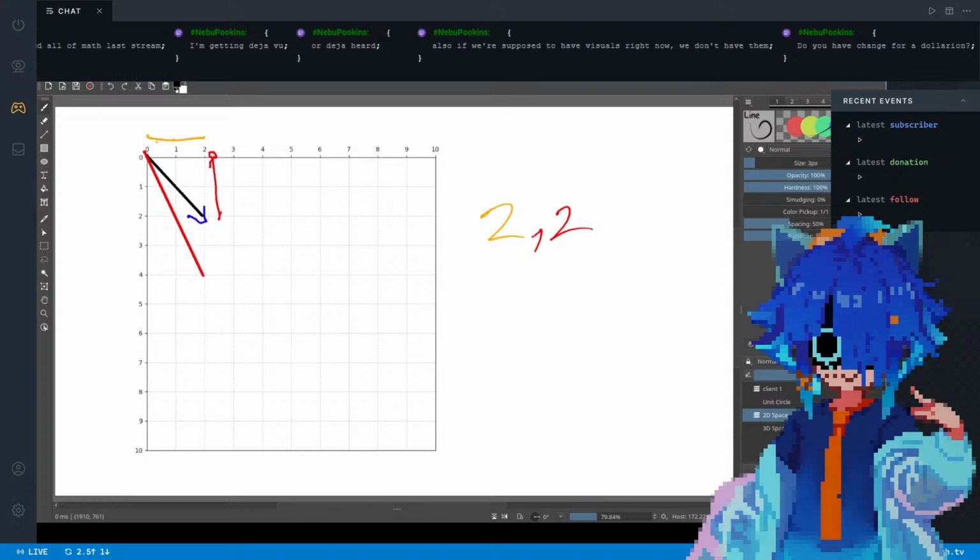So we can write down the same 2 along the x. But it has the slightly different y. It goes down a full y, a 4. So this is the vector 2, 4.